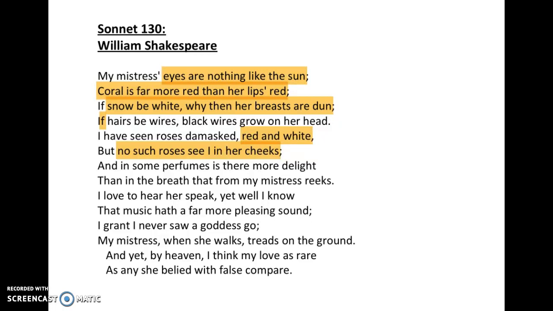Shakespeare also uses diction to contrast the appealing elements with the speaker's mistress, and the diction that he uses is associated with negative connotations. So, for example, he uses treads, which just sounds very loud and heavy.